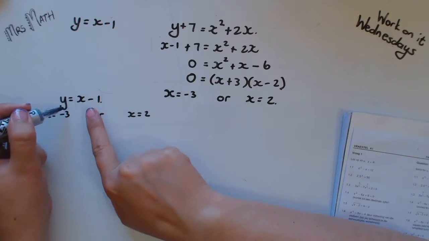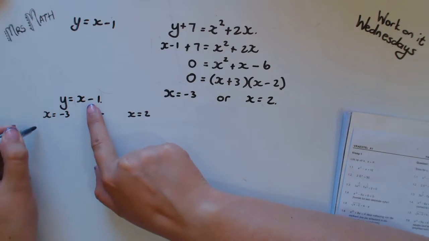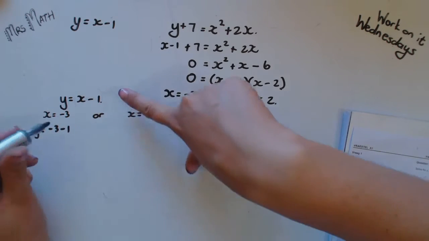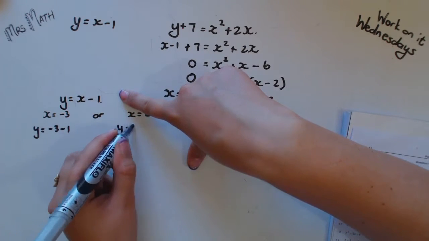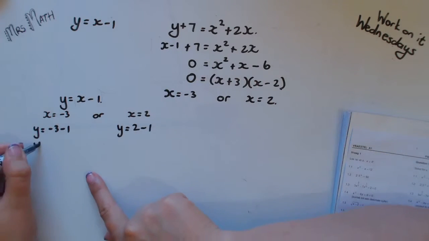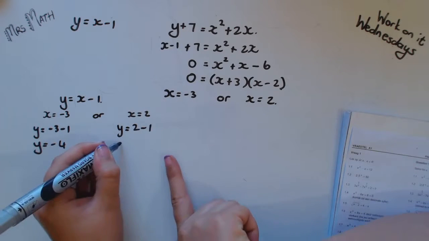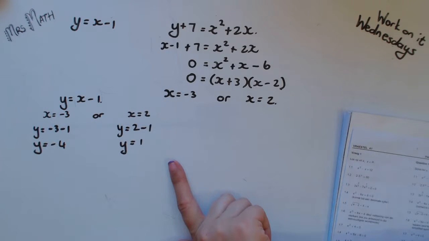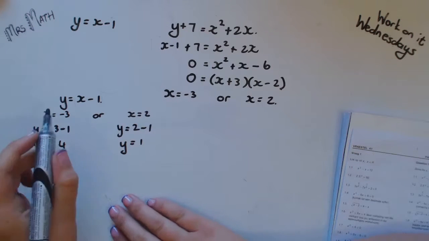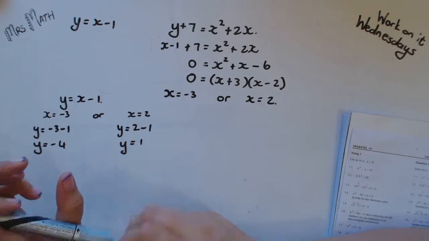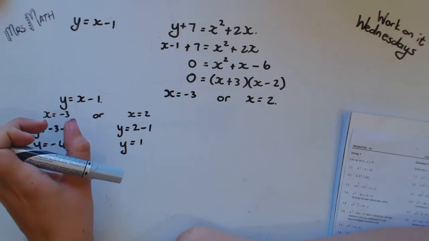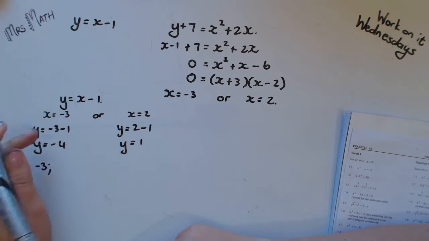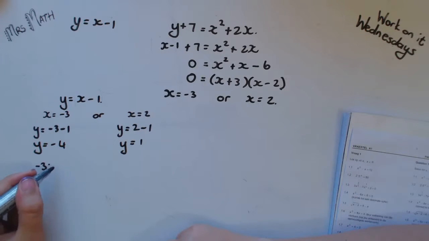And now if x is minus 3, this becomes y equals minus 3 minus 1. And if x is 2, it is y equals 2 minus 1, which means y is minus 4 or y is 1. And then I do prefer, for clarity's sake, to write that I've got 2 sets of answers here. I've got an x of minus 3, and specifically for that x, my y is minus 4.